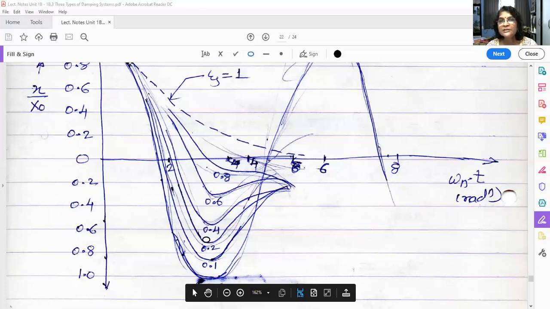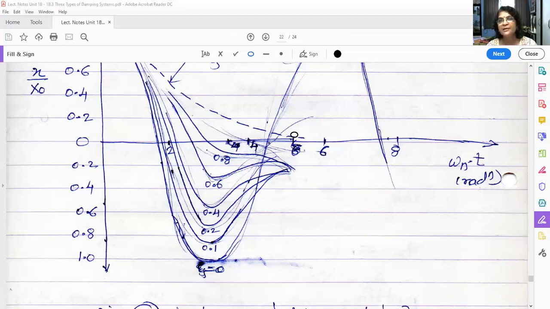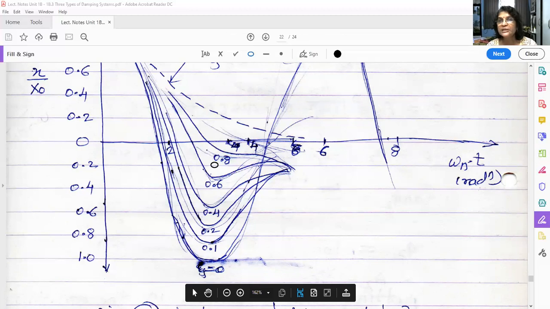So all these curves lie between zeta is equal to 0, that is no damping, and zeta is equal to 1, that is critical damping. So from 0.1, 0.2, 0.4, 0.6, 0.8, what does this indicate?